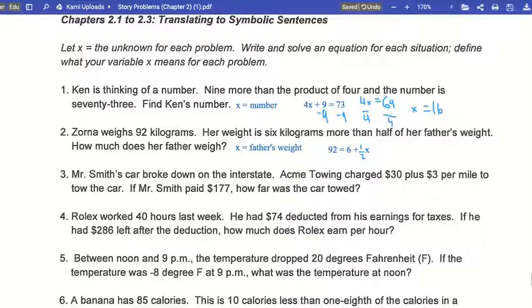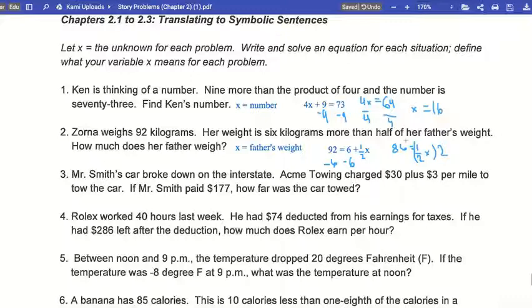And if we use our tools to solve this, I can subtract 6 from each side. 92 minus 6 leaves me with 86 equals 1/2 x. I want to note that we can multiply by the reciprocal to get x by itself. The reciprocal of 1/2 is 2, and so I can multiply each side here by 2.